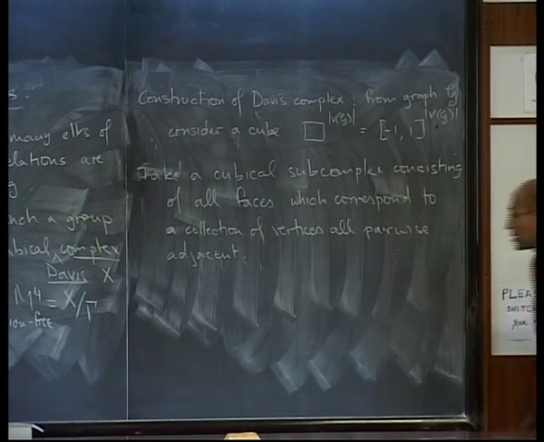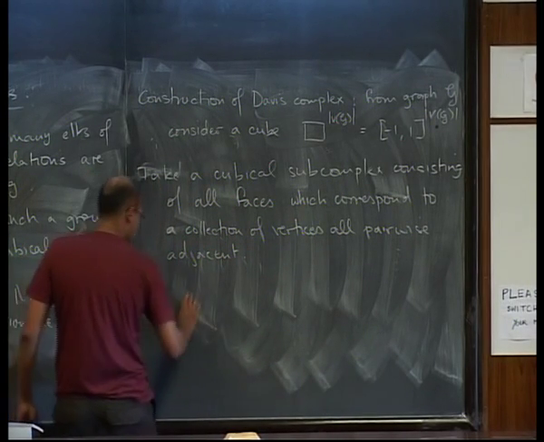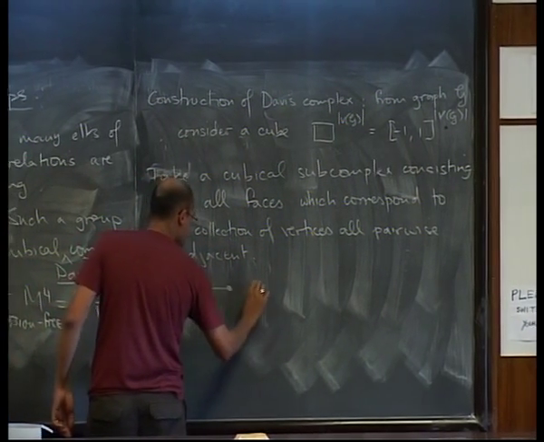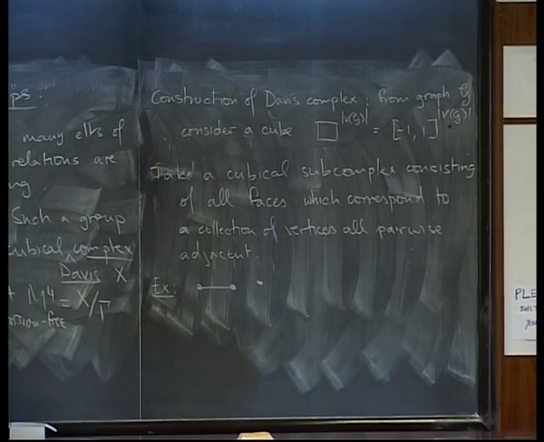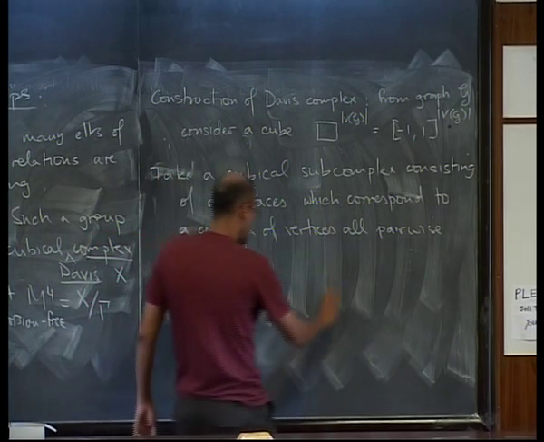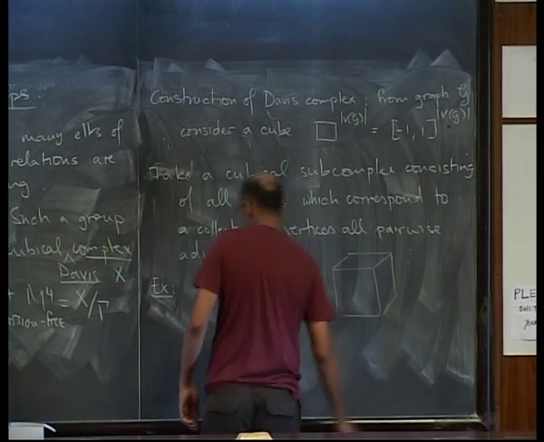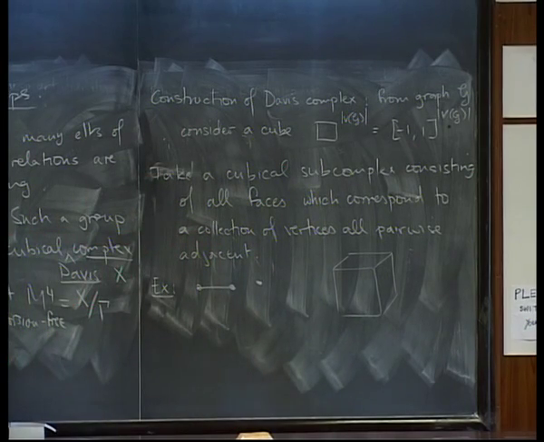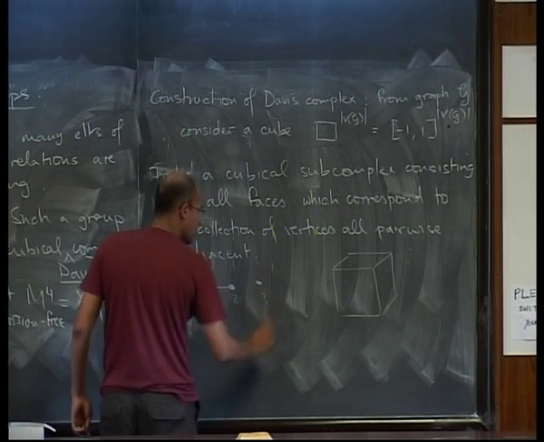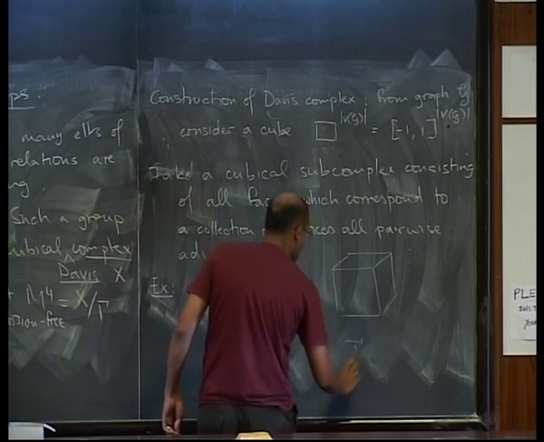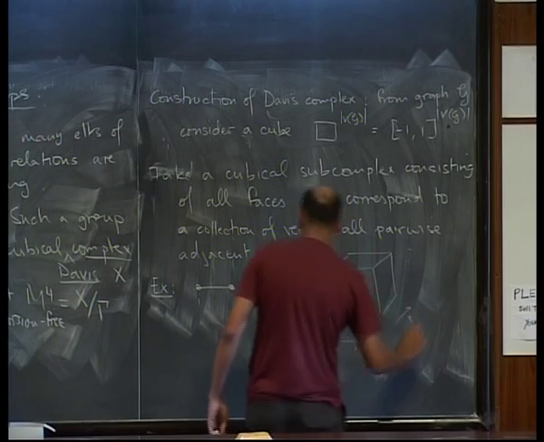Okay? So the quick example is this. This is one of the standard ones. Okay. So let's say that's your graph. So you take a three-dimensional cube. You've got three vertices. And then what you do is, if I call these 1, 2, 3, maybe these are directions 1, 2, 3.